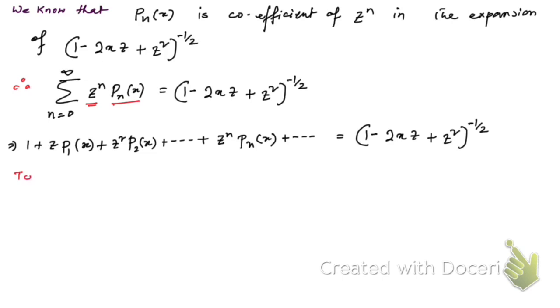Now you see, we need to find Pn of 1. So in order to find that, let me put x equal to 1 on both sides of the above equation.